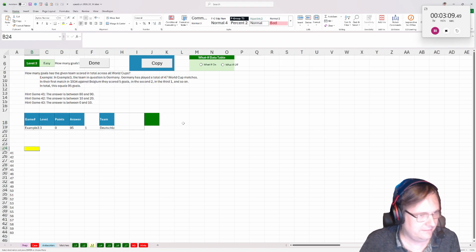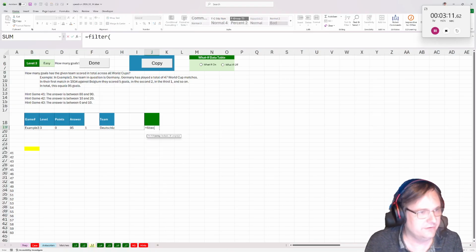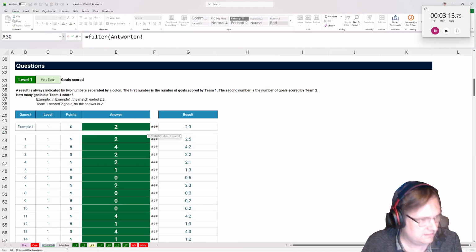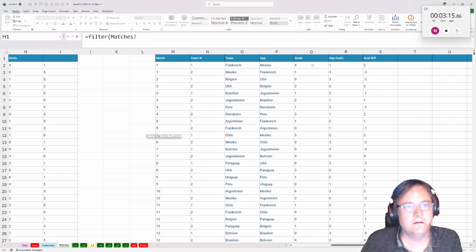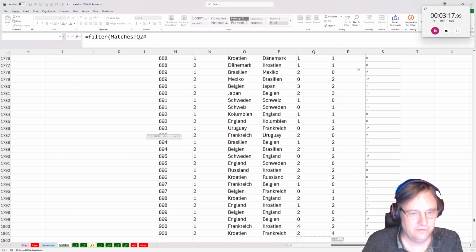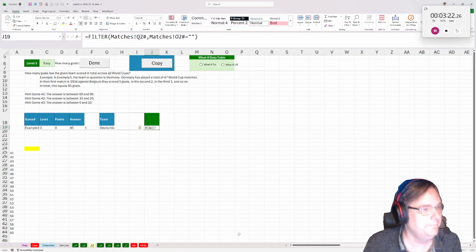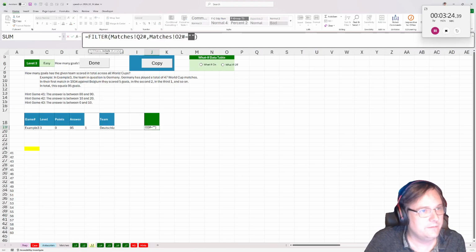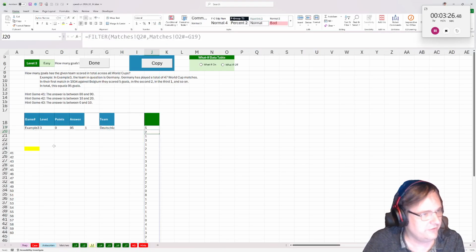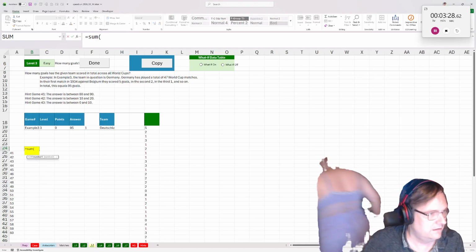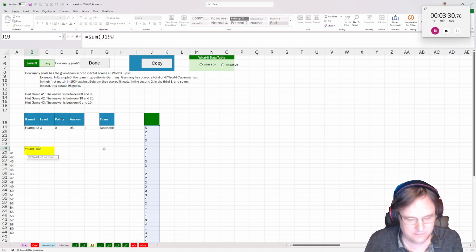Now I need to filter the goals based on the team equals something. Right, so the team in this case is Deutschland, and then sum these up.